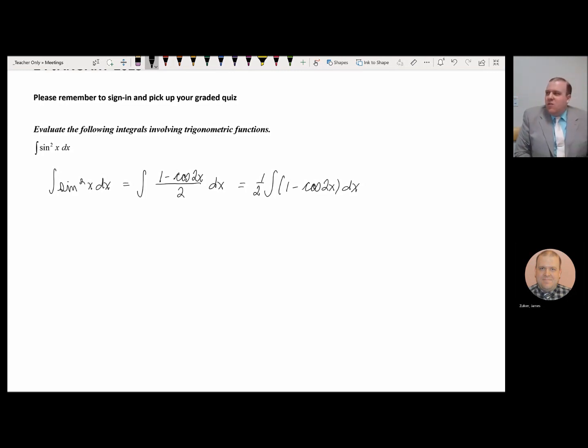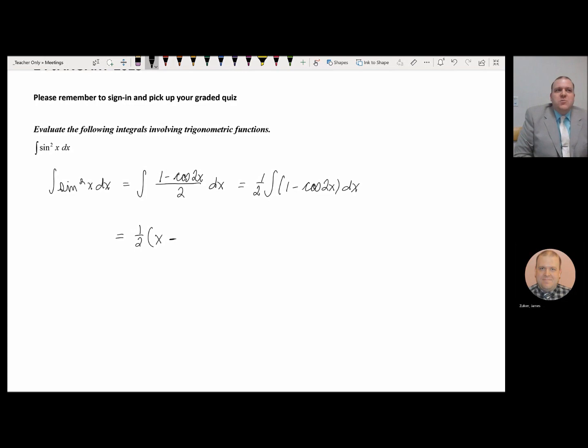And you can factor out the 1/2. Well, we know what the antiderivative of 1 is. Antiderivative of cosine of 2x. Antiderivative of cosine is sine, right? What is the derivative of 2x? So chain rule would say you have to multiply by 2.